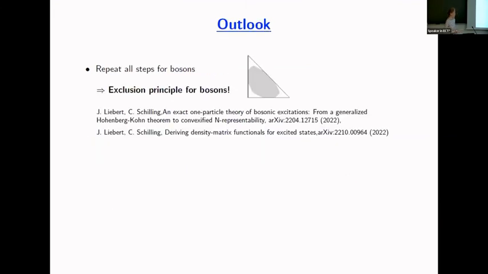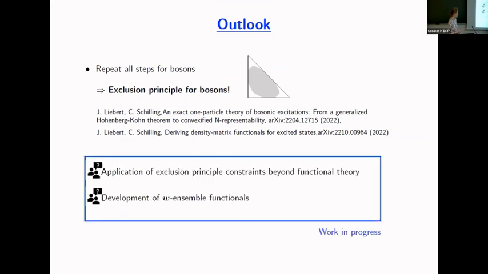Of course, maybe a short outlook: you can do exactly the same for bosons. Not much will change, except we have different combinatorics. So when we describe the domain, when we obtain the hyperplane representation and all those inequalities, of course, this will change. So you have to execute it again, but that's doable. And now two important or interesting open questions are the following ones. First of all, maybe not everyone is interested in functional theory.